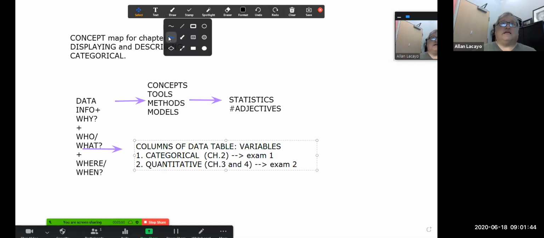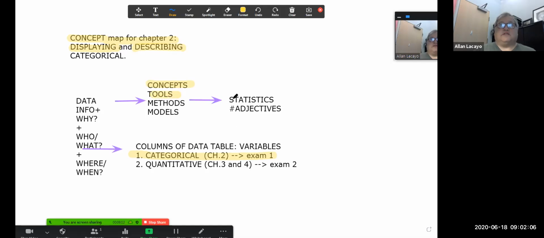So our focus today is on categorical data. And in chapter 2, we display and we describe categorical data. So we're going to go over concepts and tools that allow us to compute statistics for categorical data. That'll be our objective, our goal.